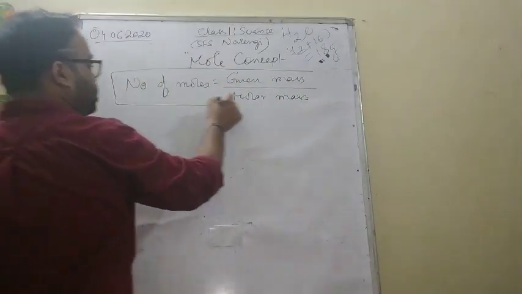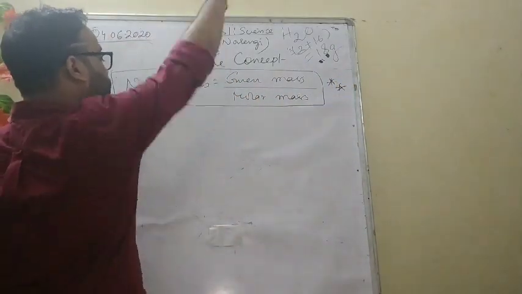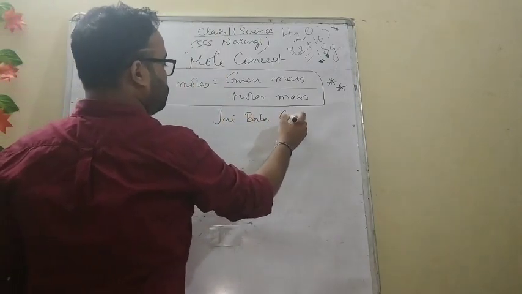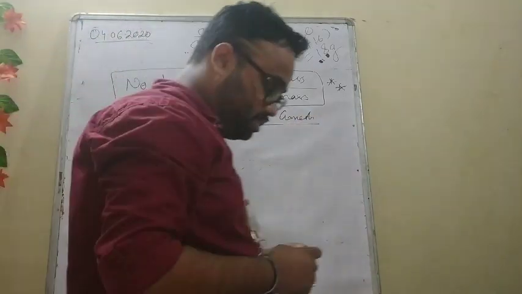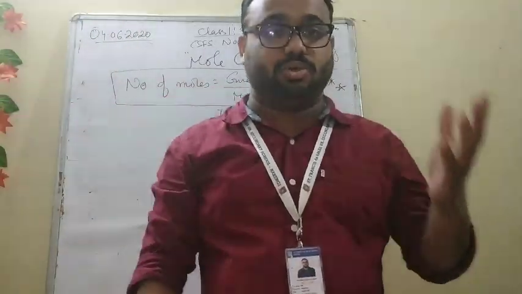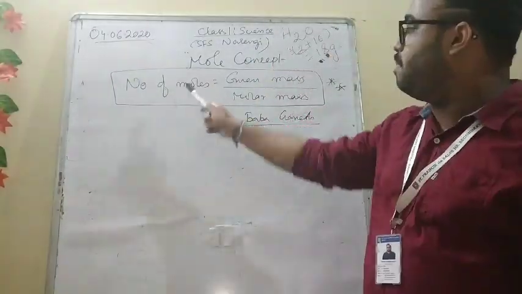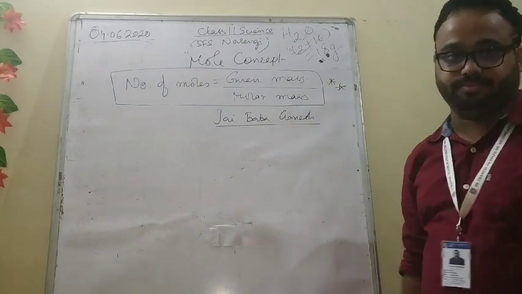Students, please note this formula in your copy. This is called Jai Baba Ganesh. Ganesh ji protects you from everything. This formula will protect you from everything. So number of moles is given mass by molar mass. Clear?